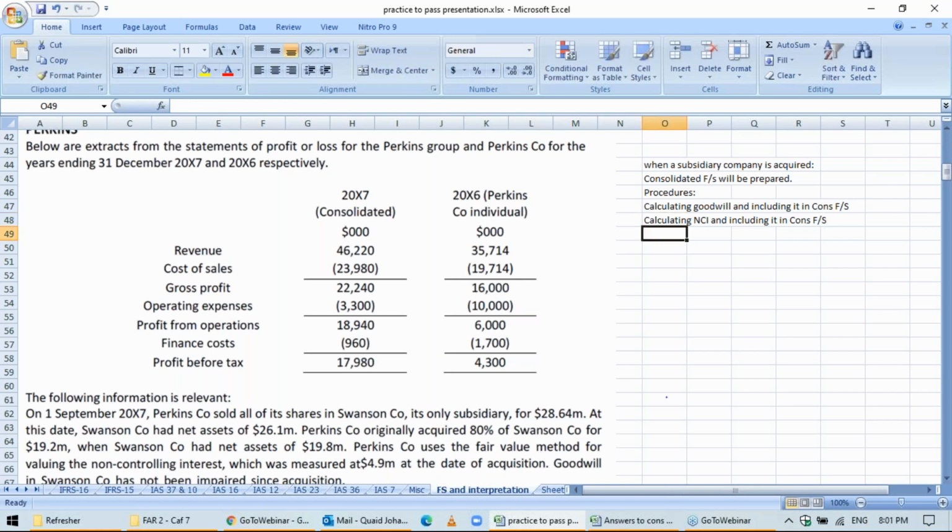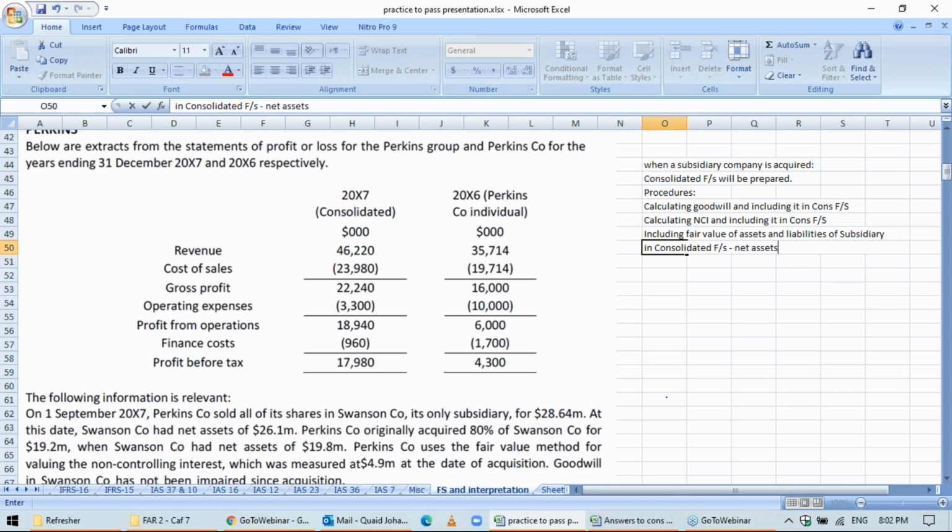And then including the fair value of assets and liabilities of subsidiary company in consolidated financial statements. Do you agree to this? And these are known as net assets.